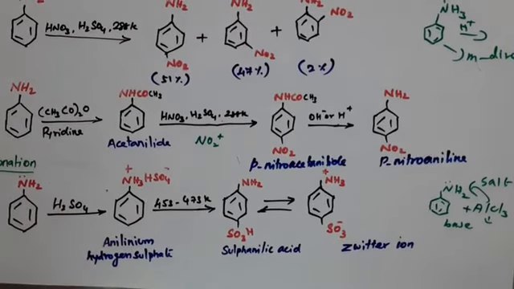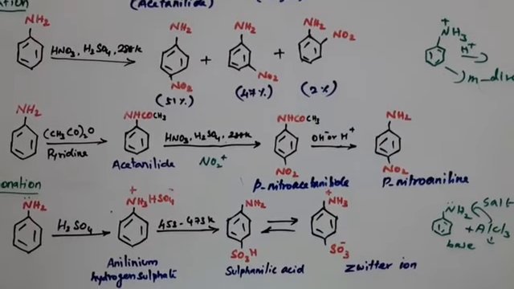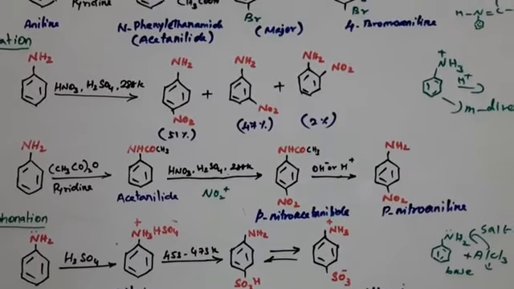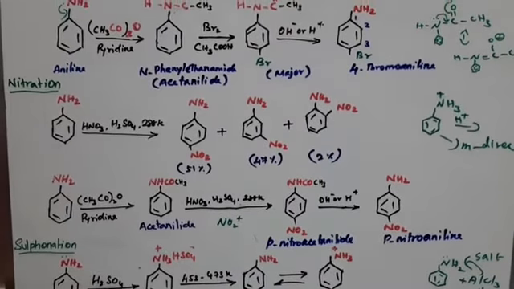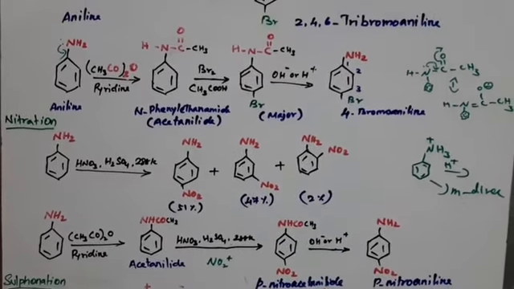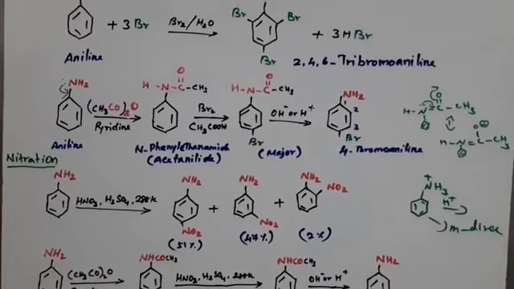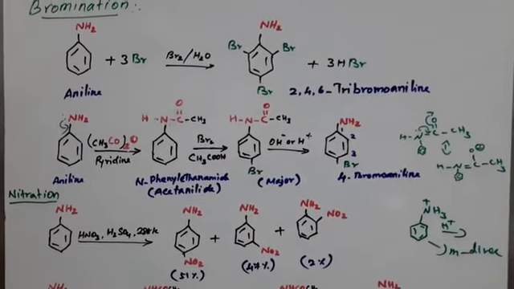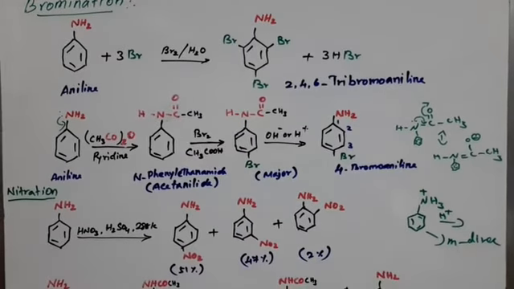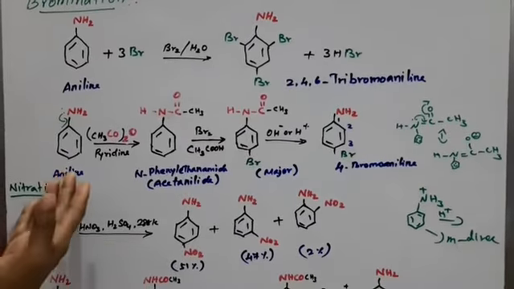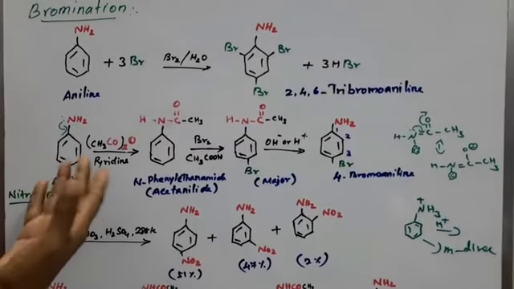So students, keep it in your mind: aniline is a powerful activating group as well as an ortho-para directing group. For electrophilic substitution reactions, we prepare mono substituted products by deactivating the NH2 group by acylation.